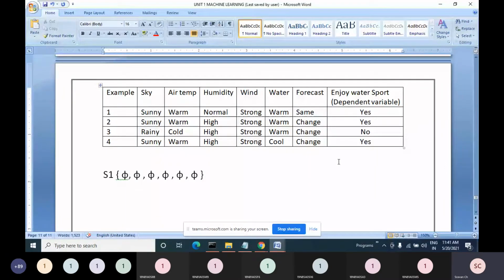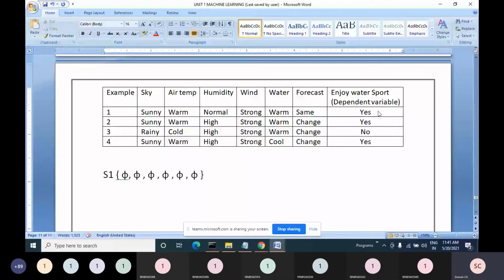Whenever I find a positive example, my most specific hypothesis will be updated. How it will be updated, we will see. So what is the initial value of S1? All are null values. Now I am updating it, so I'll write it as S2.